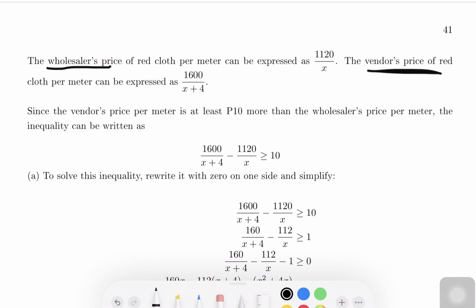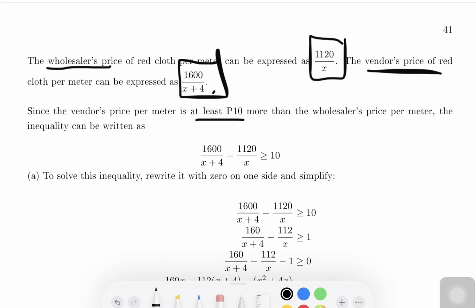And the vendor's price is 1,600 divided by x plus 4. So we have these two: this is for the wholesaler and this is for the vendor's red cloth per meter. Since the vendor's price per meter is at least 10 pesos more than the wholesaler's price per meter, the inequality can be written as this one.